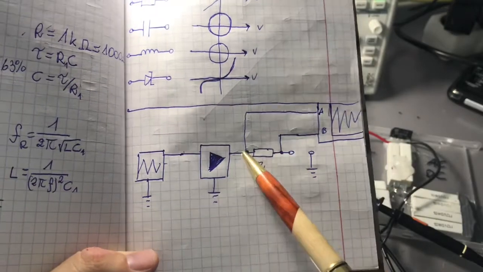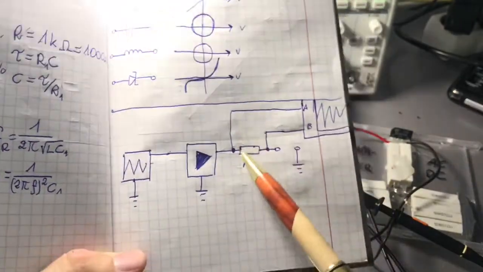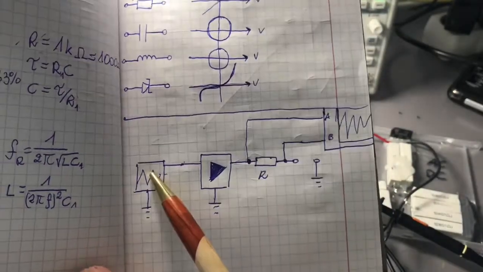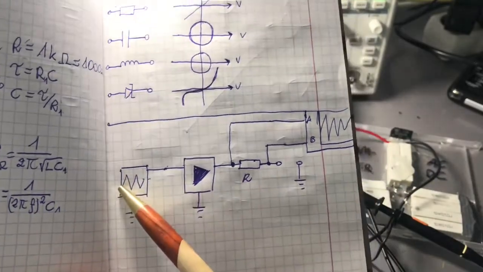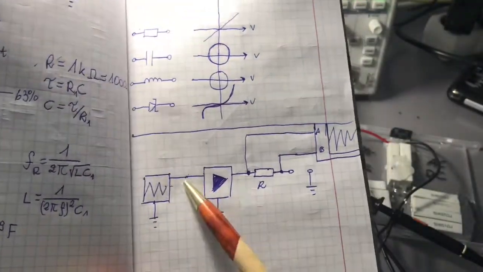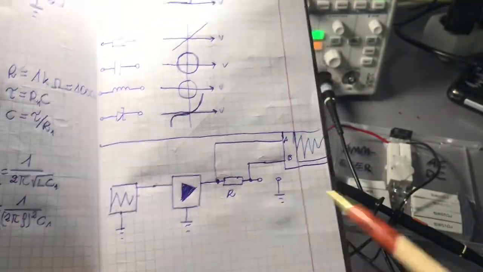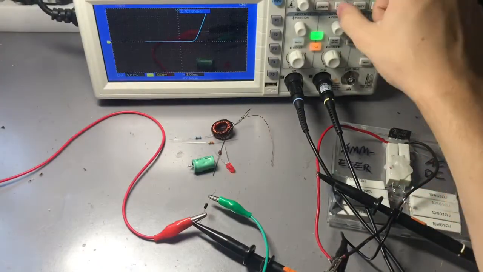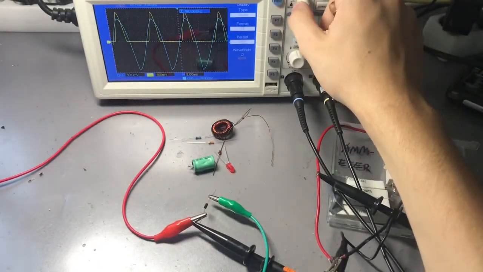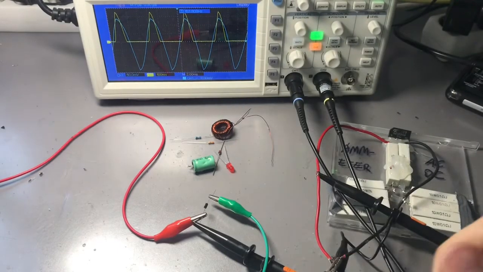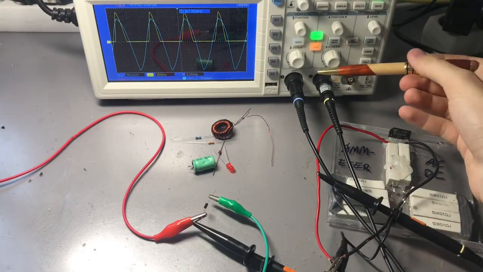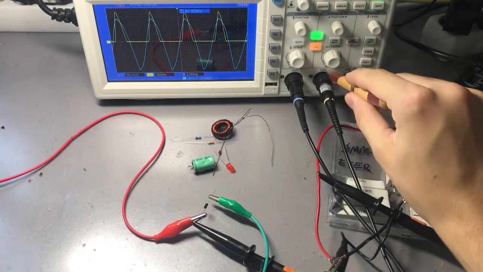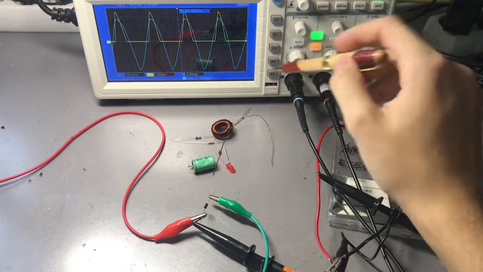So we are measuring the voltage on the resistor and on the element. We have the function generator supplied by my variable bench power supply, then it goes to the amplifier, and then it goes through a resistor, and we are measuring the voltage drop across the resistor, which is the current, which is the Y channel here, channel 2, and it's yellow.